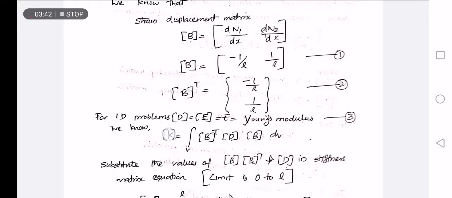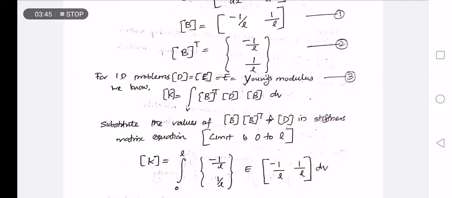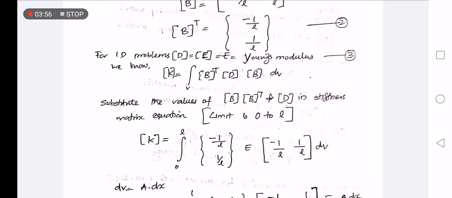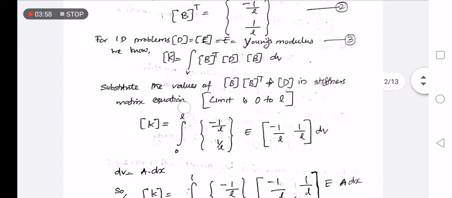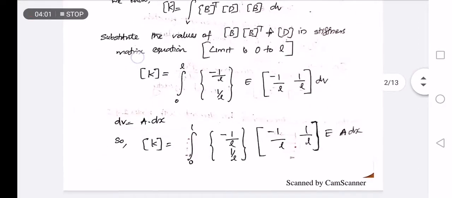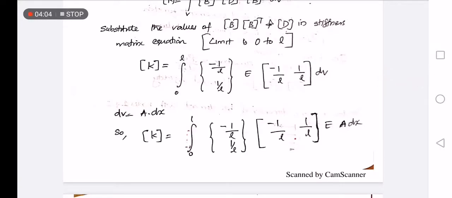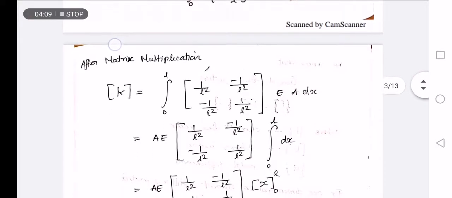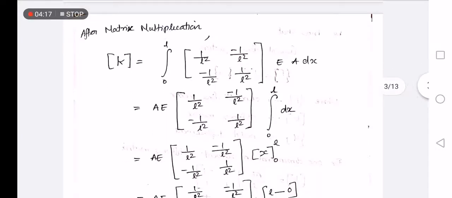Okay, after substituting, the limit is from 0 to L, because the bar element we consider is of length L. So we have to integrate it from 0 to L, and dV we can represent as A into dx. So we will substitute that also, then we will multiply the matrices and we will get the 2 by 2 matrix. Okay, from there by keeping dx alone, other things we will take outside and we will integrate dx with respect to x.